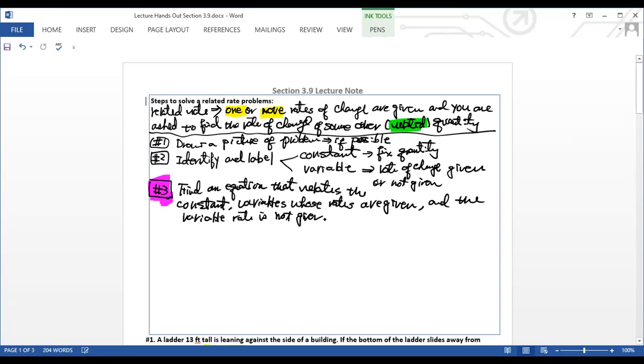Like I said, if you can find this equation, then the remaining part is pretty easy. That's why I said this is probably the hardest step.